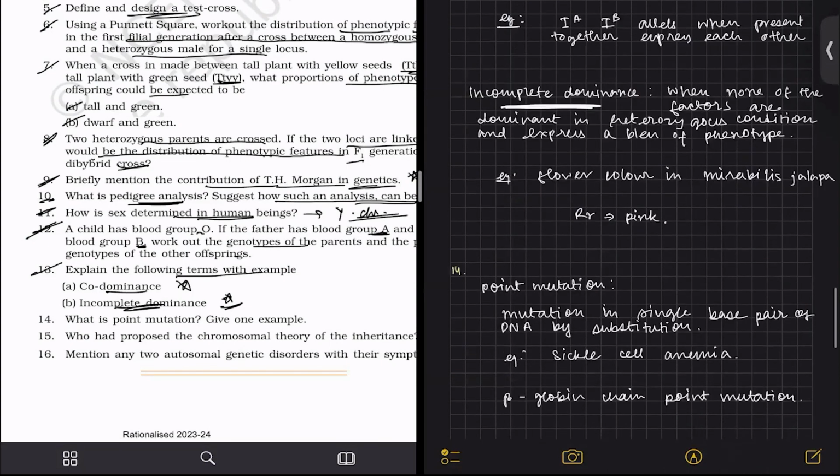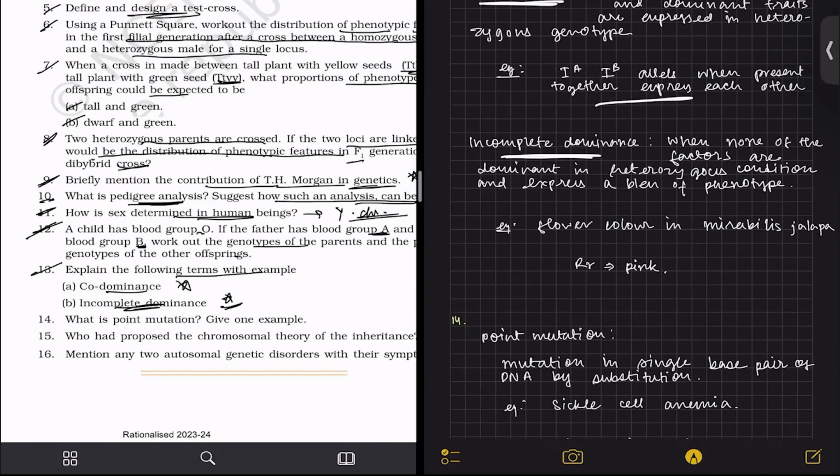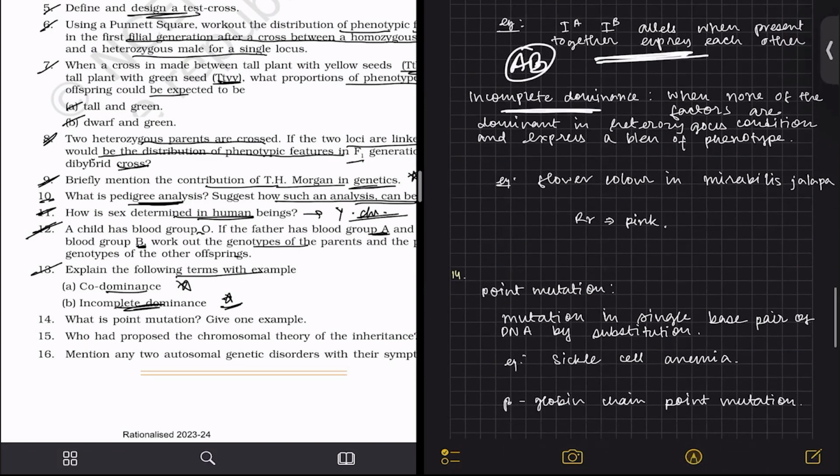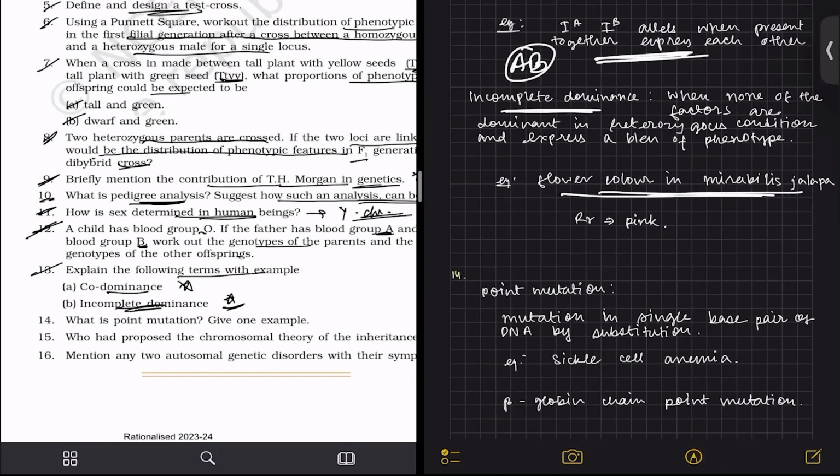An example of codominance is the AB blood group, and an example of incomplete dominance is flower color in Mirabilis jalapa or snapdragon.